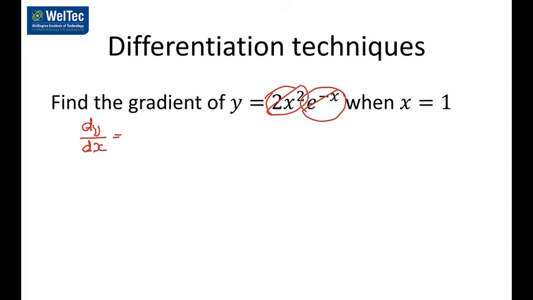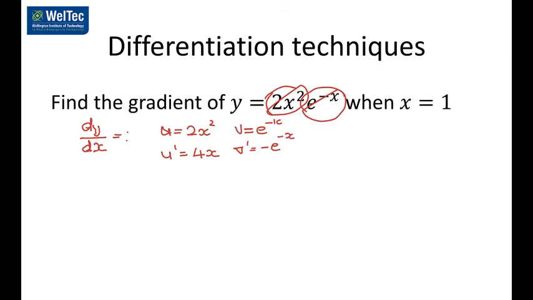And the derivative's going to be, righto, let's have u equal 2x squared, and v is equal to e to the negative x. So u dash is equal to 4x, and v dash equals negative e to the negative x.